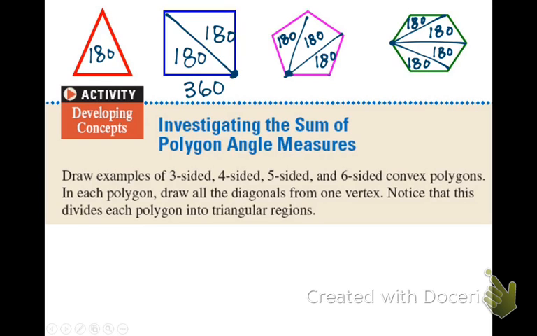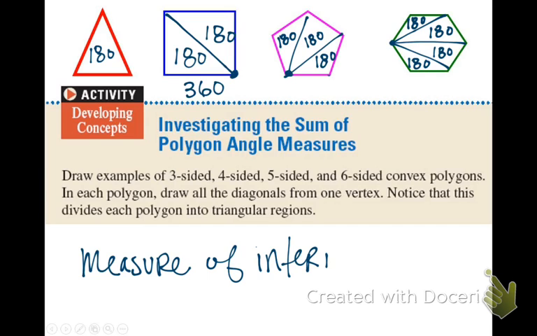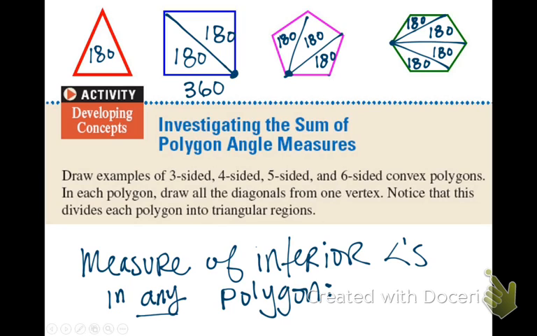The formula that you want to write down, with your pencil or your pen, to find the measure of the interior angles in any polygon, is n minus 2 times 180.